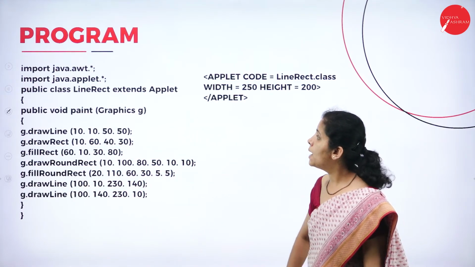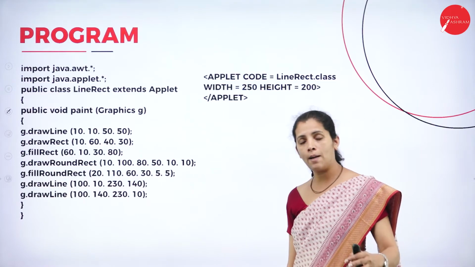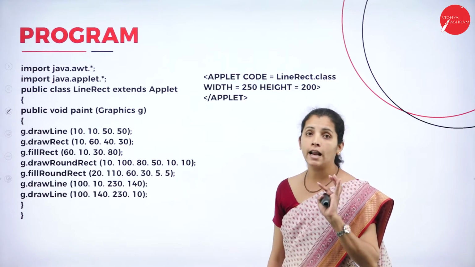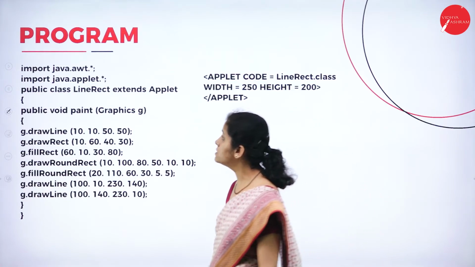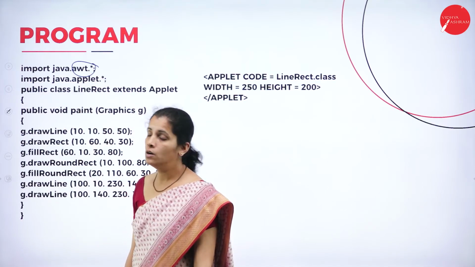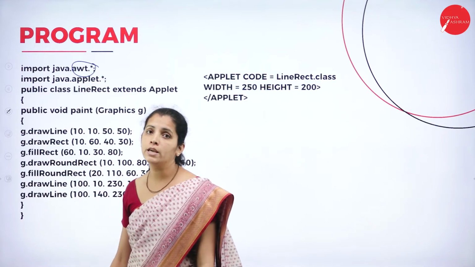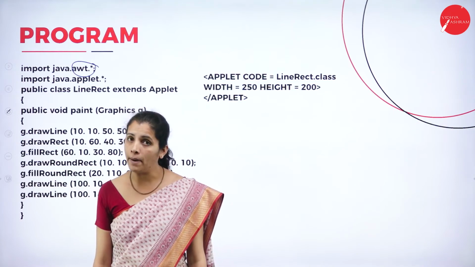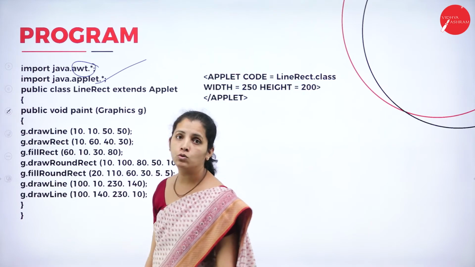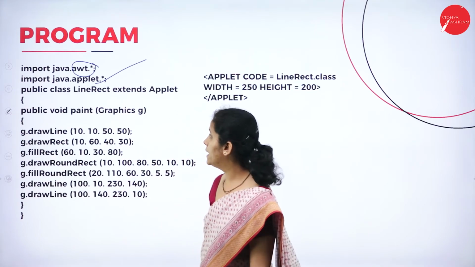So, here I'm going to make use of applet as well as AWT. All the graphic classes come under the Abstract Window Toolkit. For that reason, I want to make use of the AWT package in my program. Along with that, I want to use applet.